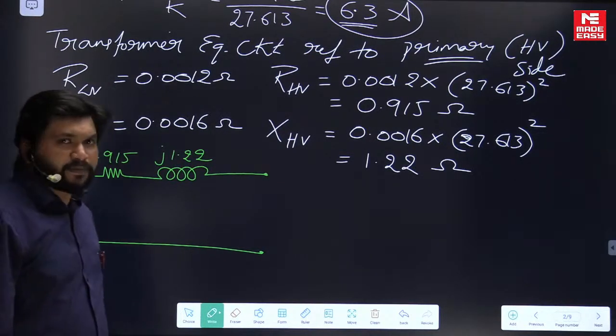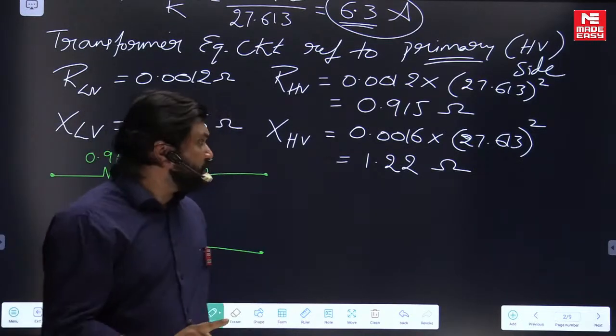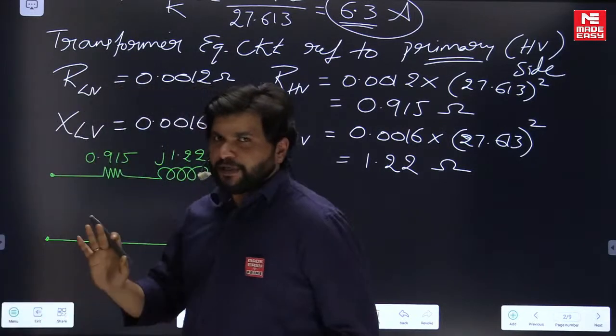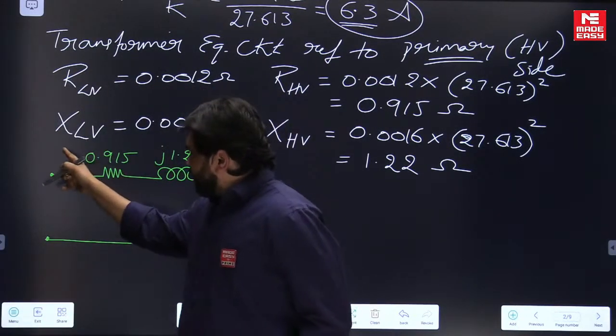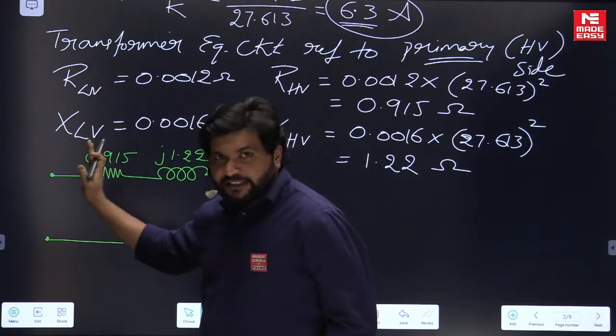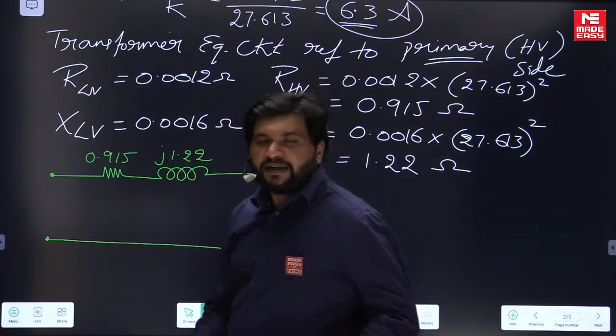Now the question first asks to find the primary voltage because of that load. Find the primary voltage means: what is the voltage we have to apply across the primary in order to achieve rated voltage across the secondary. That you have to understand.